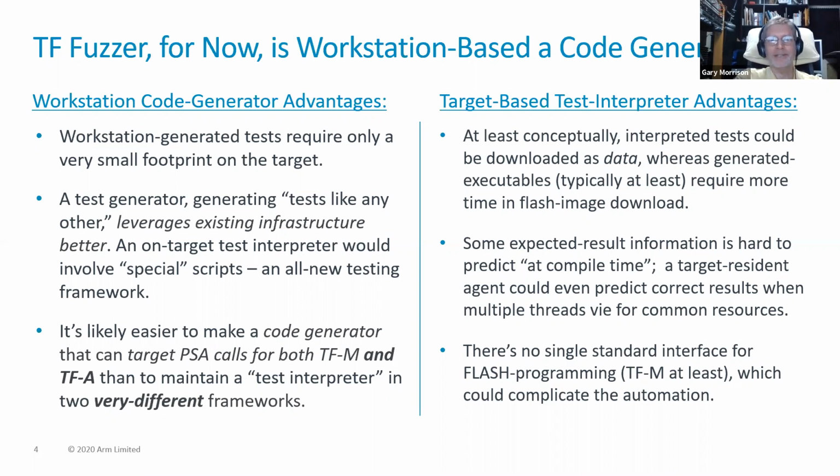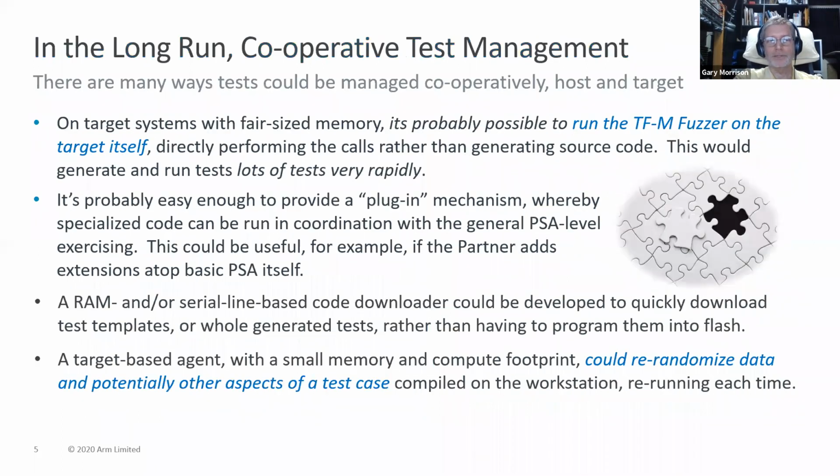TFA targets arguably might have more room, in which case we could perhaps have more cleverness going on the target itself. But the long-term goal, generally speaking, is to come up with a more cooperative management of the proceedings of the test, partly managed on the target and partly generated on the host.